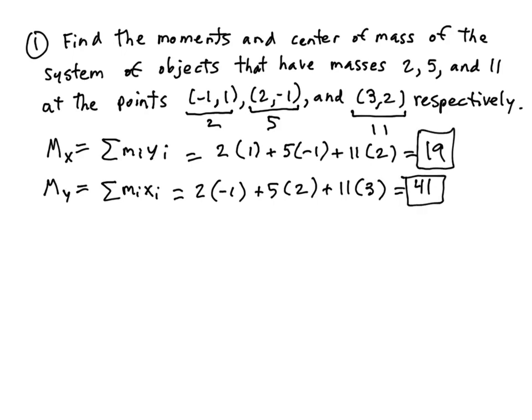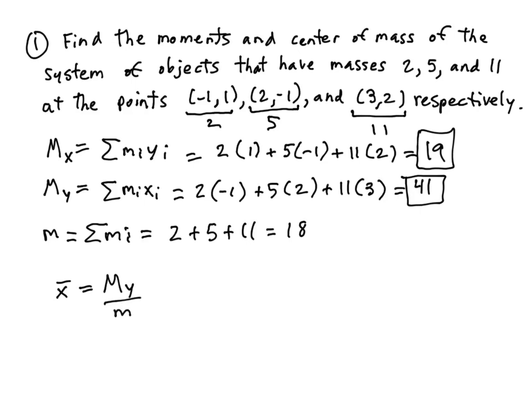Now we need the two centers of mass. Let's go ahead and figure out what m is, because we are going to need this in a second. So the sum of all the masses is going to be 2 plus 5 plus 11, which is 18. And then finally, we're ready for the center of mass. x bar, remember, is going to equal M_y divided by m, which in this case is 41 divided by 18.